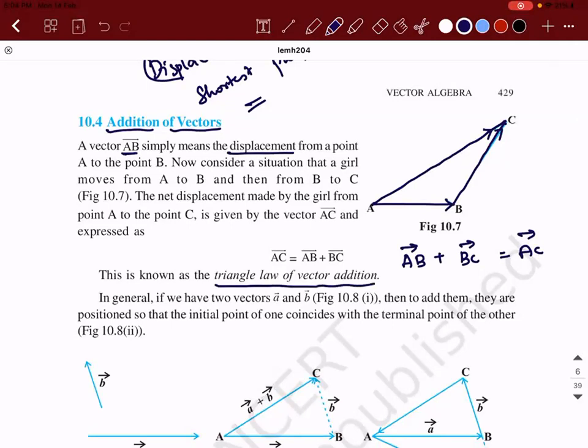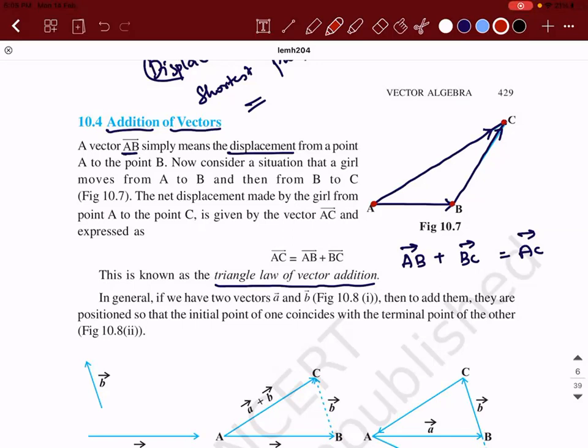So how to apply this triangle of addition is, if there is a point where you're starting and you know the point where the first vector is ending, so the ending point of the first vector, if it is the starting point of the second vector, then the resultant, that is the third vector, is equal to the starting point of the first vector and the ending point of the second vector.